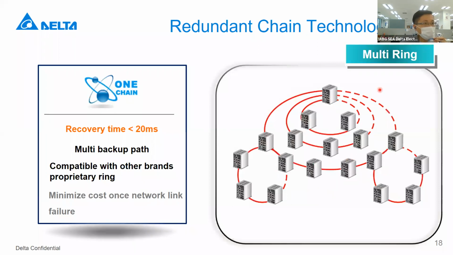And here is the multi-ring. So actually, for the Ethernet switch, it's not easy to design at the beginning. You do need some knowledge for this kind of network design.